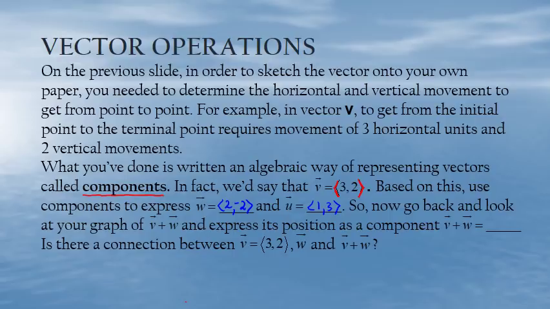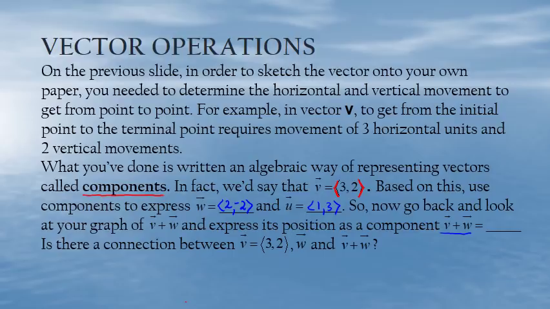Now here comes the interesting part. Go back and look at your graph of vector v plus vector w, and look at the position of the final vector, the one that I drew in. Starting at the origin, where we started with vector v, and then where we ended, count the horizontal and the vertical movement.